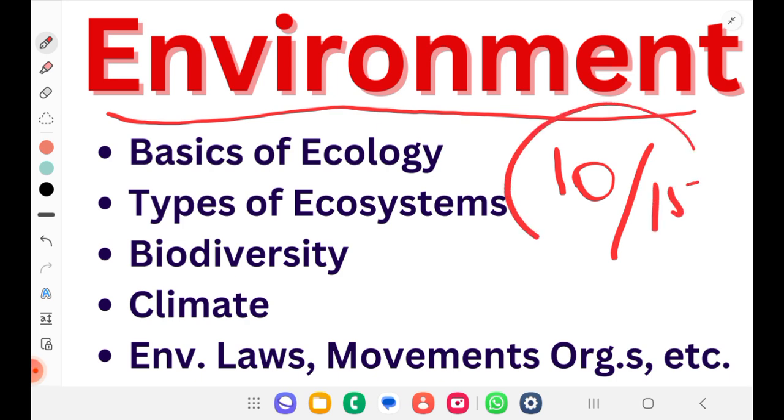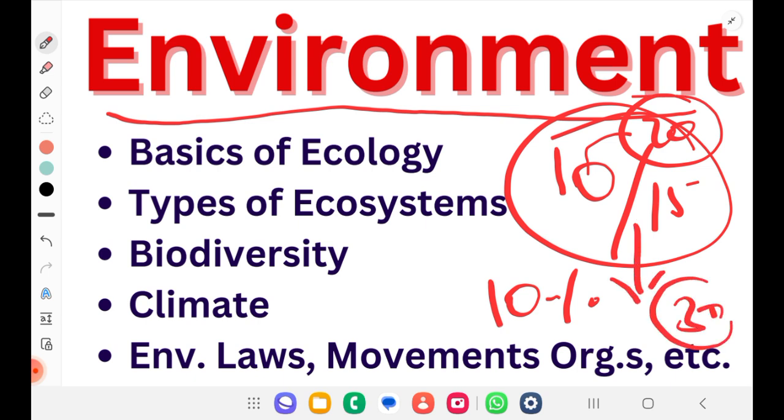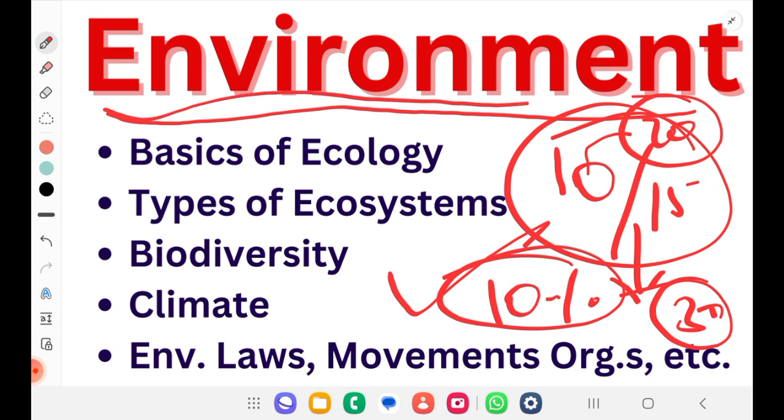That means you're going to get almost 10% of the marks needed for prelims. If it is 10 questions, you'll be able to score 20 marks. If it is 15 questions, it will be 30 marks. So 10% of the paper will be easily scored if you know the environment subject alone.